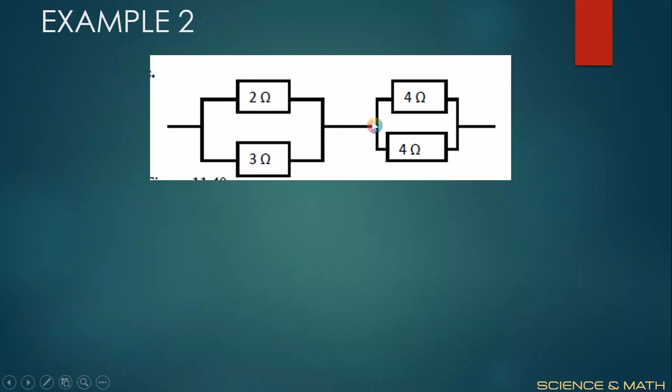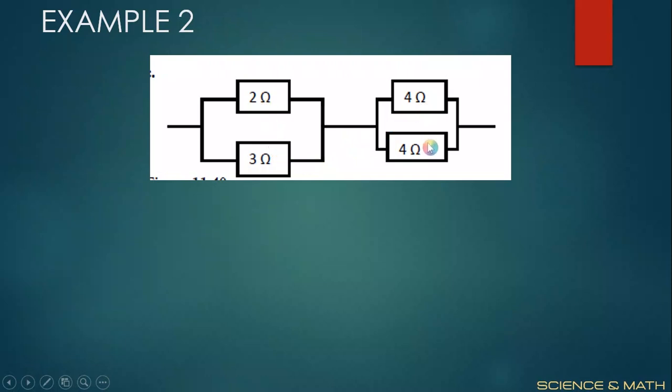That means these two are going to give us one resistor. If you add this, they are also going to give you one, and then the resulting ones are going to be in series with each other. So you cannot add all of these as if they are all in parallel to each other. So you can name this resistor 1, this is resistor 2, this 3, and this one 4.